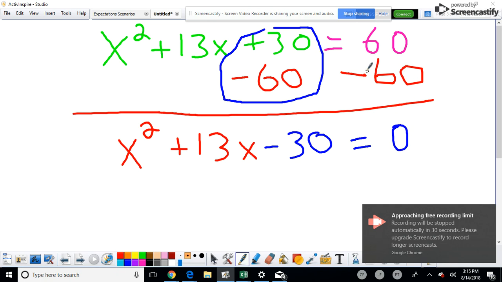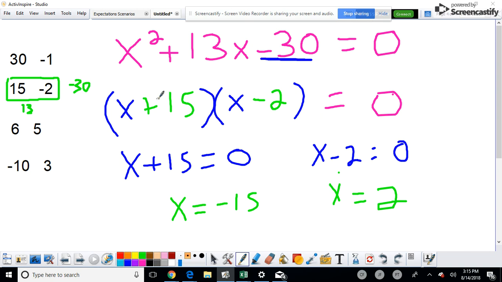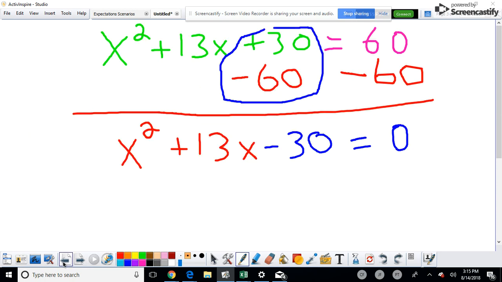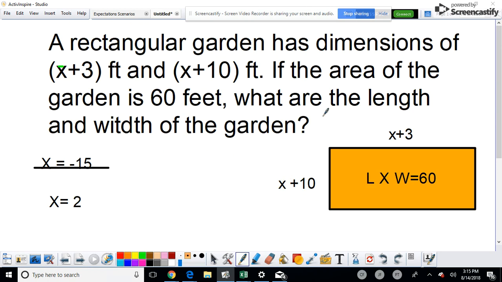So we set it equal to 0 by subtracting. And then we factor it. 15 and negative 2 are the two factors. And then we just broke them apart and solved. That's how we got x. Then we took our answer from x, plugged it back into the expression, and we were able to answer the question. So this is how you do it. This is the type of questions that we need to be able to answer, real life applications.